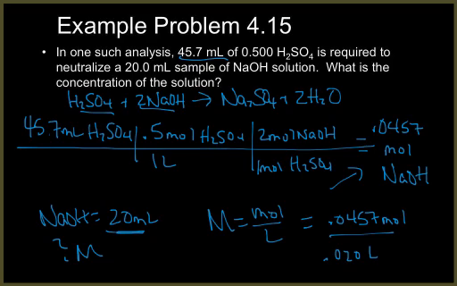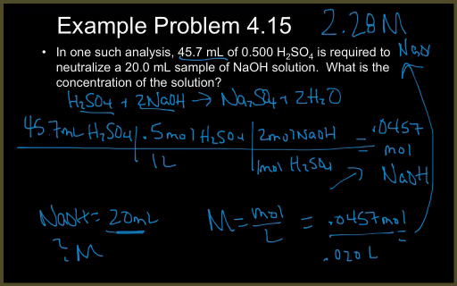So if I do this calculation then, I end up with 2.28. I'm going to write it up here. 2.28 moles NaOH, which for them, if they require a 3 to 6 range, this would be a little bit low, so they'd have to adjust the concentration.